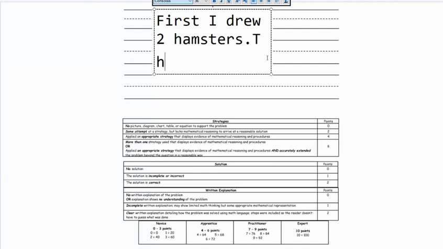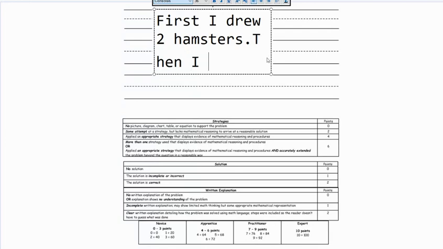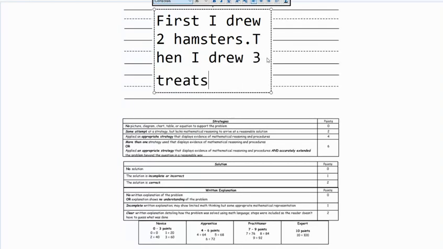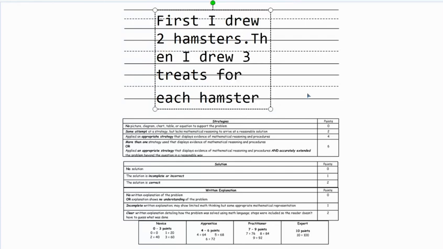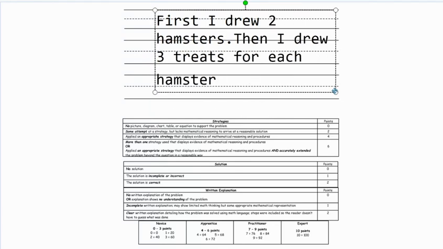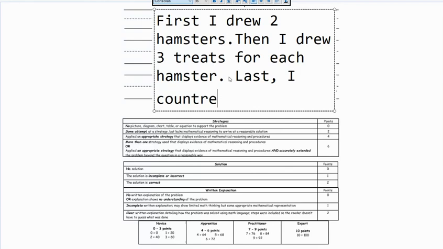Okay. Then I drew 3 treats for each hamster, right? Good. Okay, there we go. Okay, and then you remember what we did? Last, I counted, right?